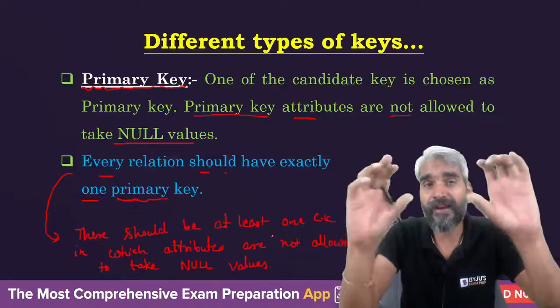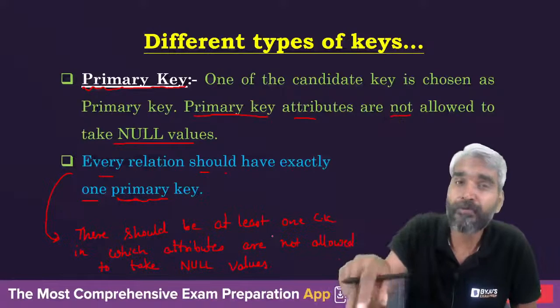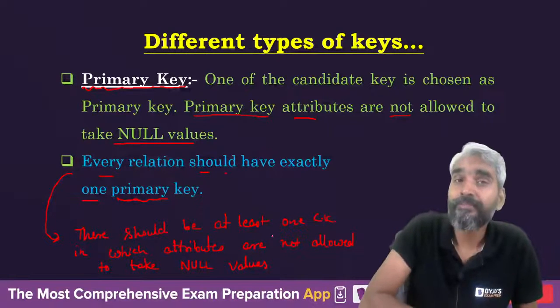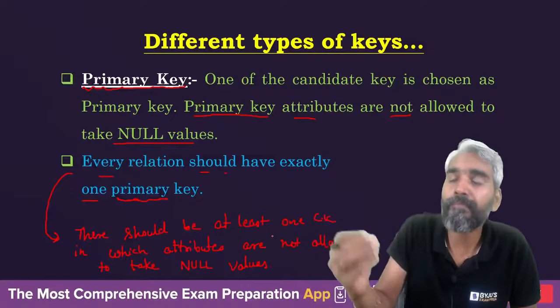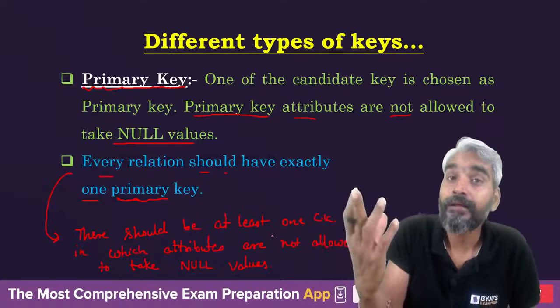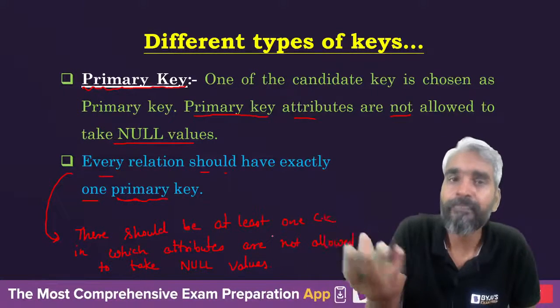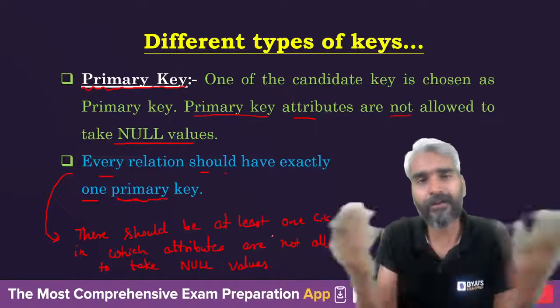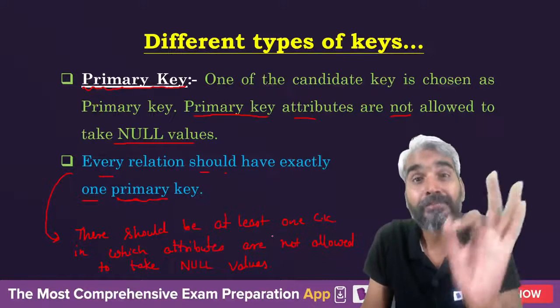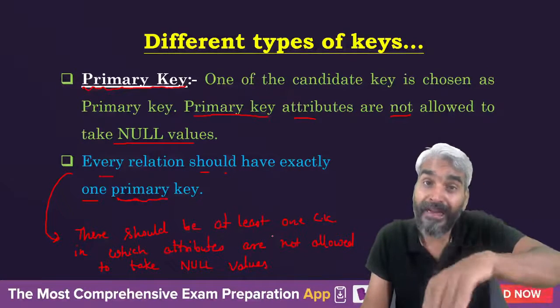If I also define one column with respect to passport number of every student, then the passport number values will be unique. But there may be some students who are not having a passport. So for them, the passport number field will be null. And if the null value is present, then it cannot form a primary key. Yes, passport number can eventually form a candidate key.